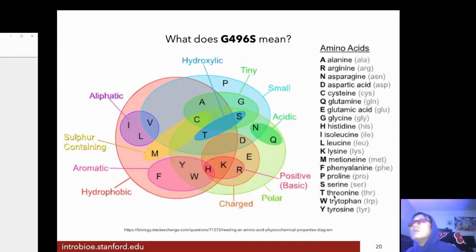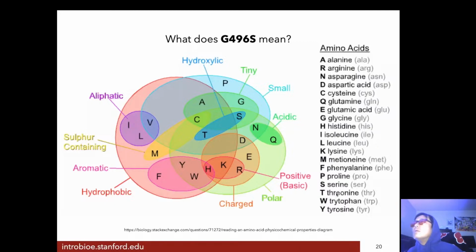Well, that's because T was already used, just above for threonine. Anyway, these 20 letters refer to the 20 different amino acids that comprise proteins. So G496S is, well, we had a G, which was a glycine, and we're going to turn it into an S, which is a serine. And we're going to do that at position 496 in the spike protein.